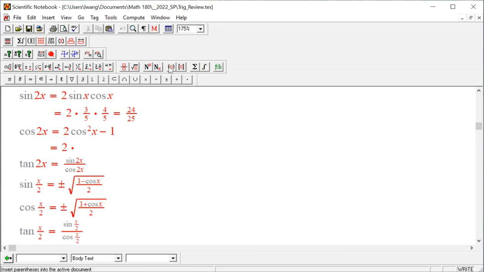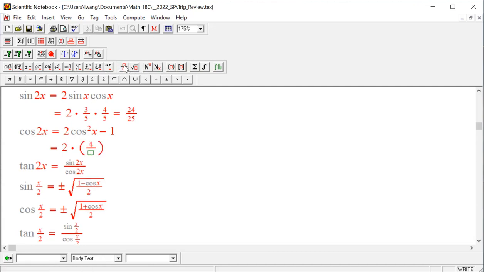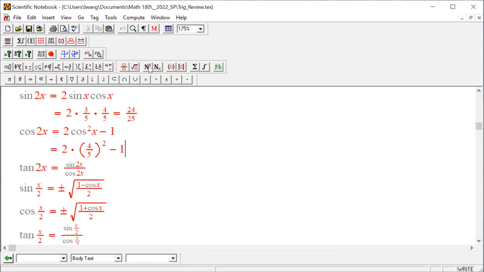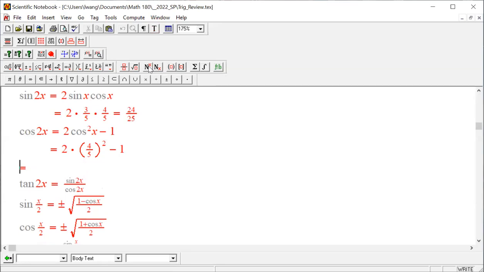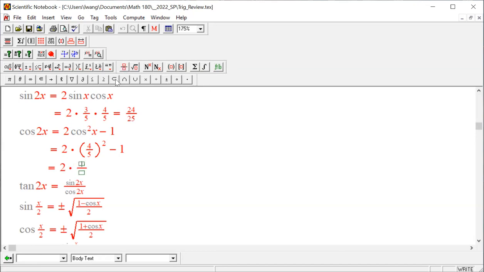Cosine x is 4/5, so 4/5 squared, minus 1. 4 squared is 16, 5 squared is 25, minus 1. It looks like we need a common denominator. That common denominator is 25, so we have 25 over 25 to replace 1.